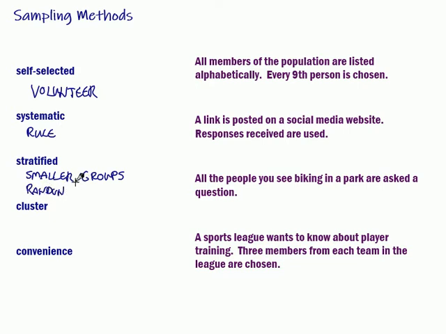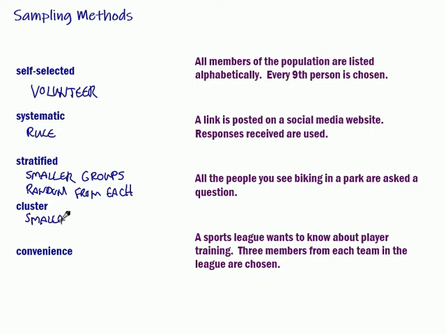And a cluster sample is kind of sort of like that. It has the groups. Let me finish writing this first. So stratified, we have smaller groups and we go random from each group. A cluster sample is also smaller groups, but we take the entire group of a few of them, one or more.